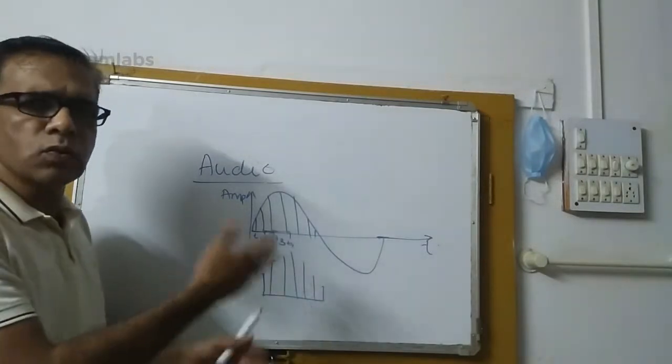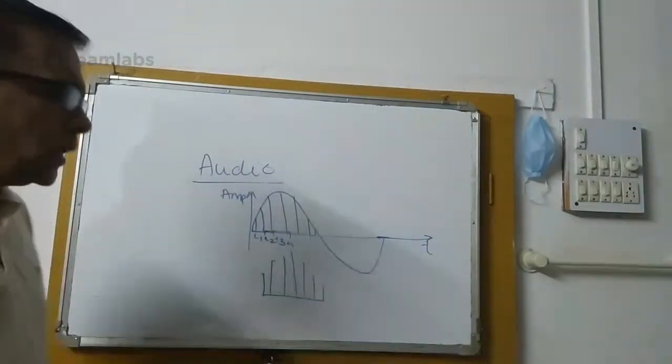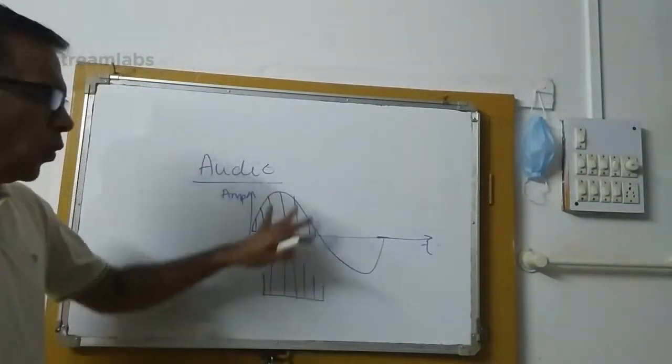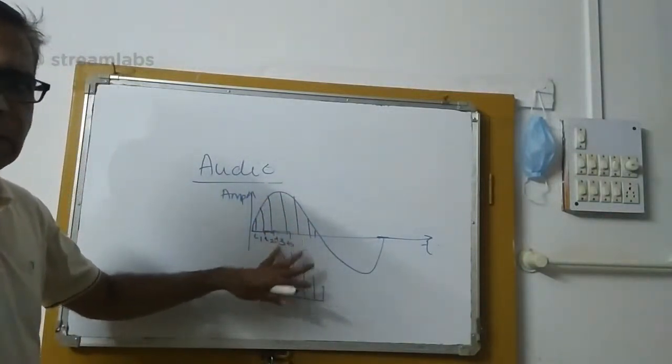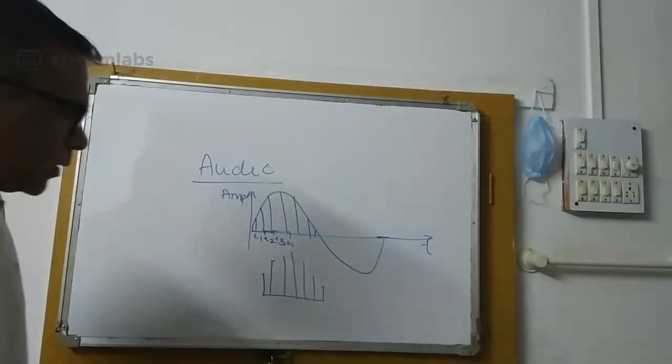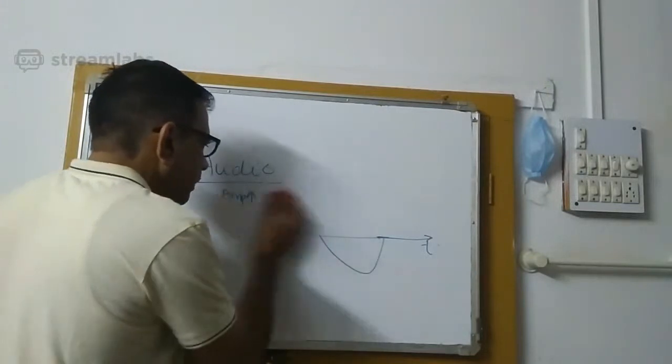It has many advantages, which we will discuss later. So this is how your audio is going to be represented. One such digitization technique I have discussed. There are some different techniques, and we'll see them in the later part.